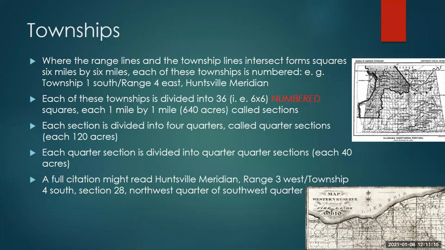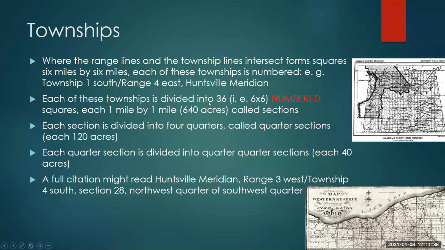This is called a township, and each of the townships is numbered based on where it is on the meridian. For example, you could have Township 1 South, Range 4 East on the Huntsville Meridian. And that is one unique square that is 6 miles by 6 miles.